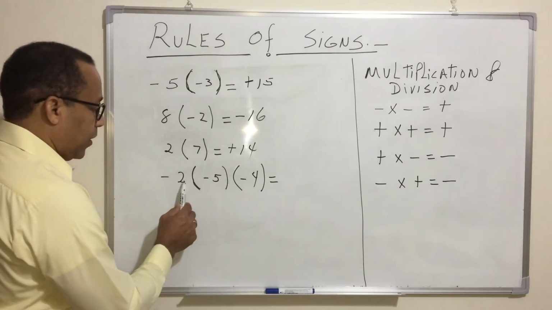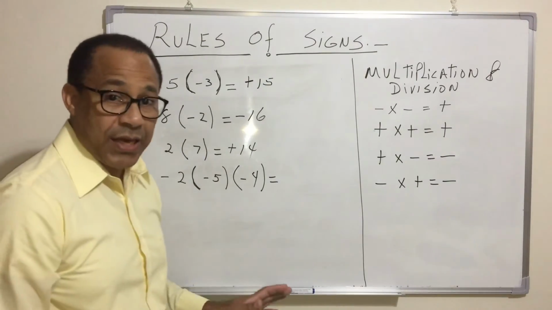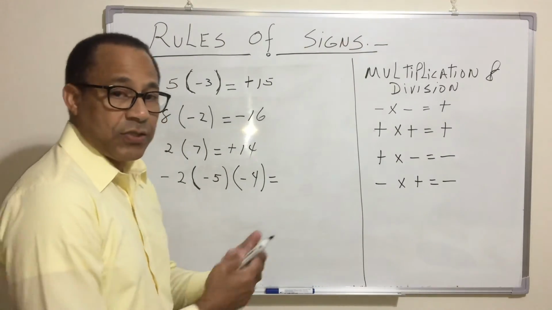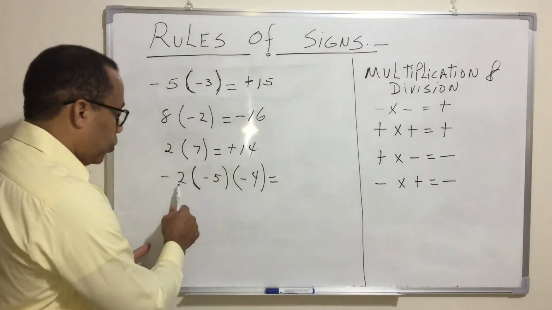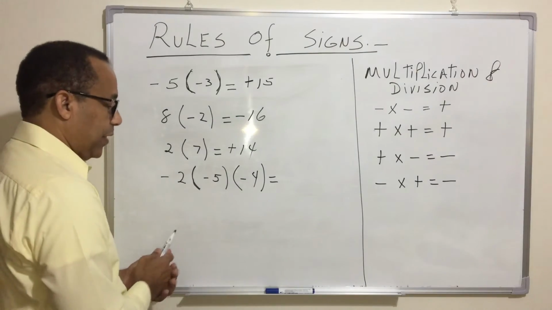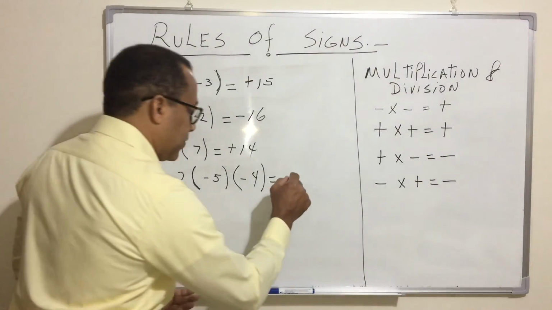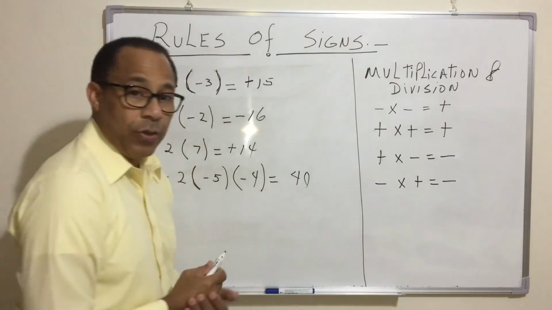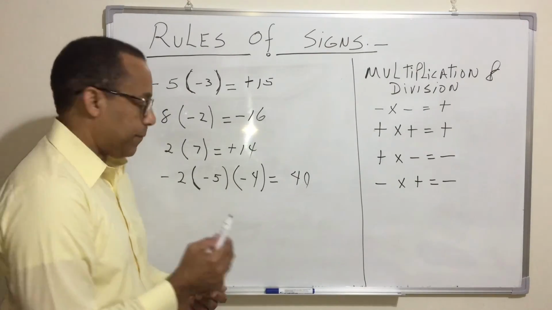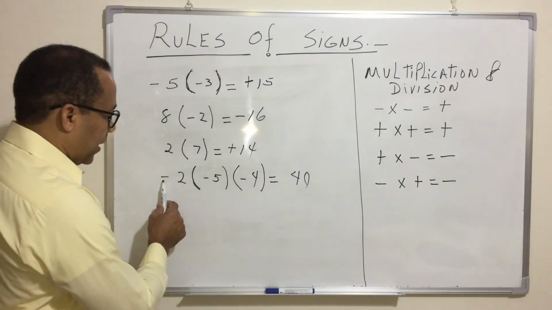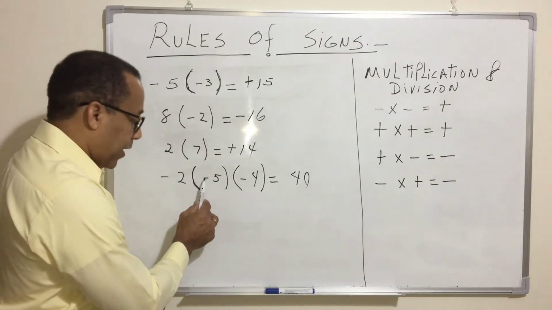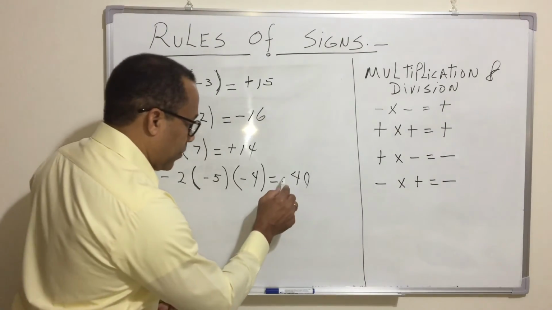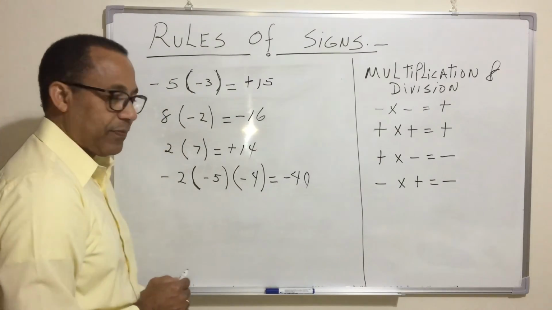I forget about the signs now because I just need to get the result in number. 2 times 5 is 10. 10 times 4 is 40. I got the number. Now let me get the sign. The rule says negative times negative, positive. Positive times negative equals negative.